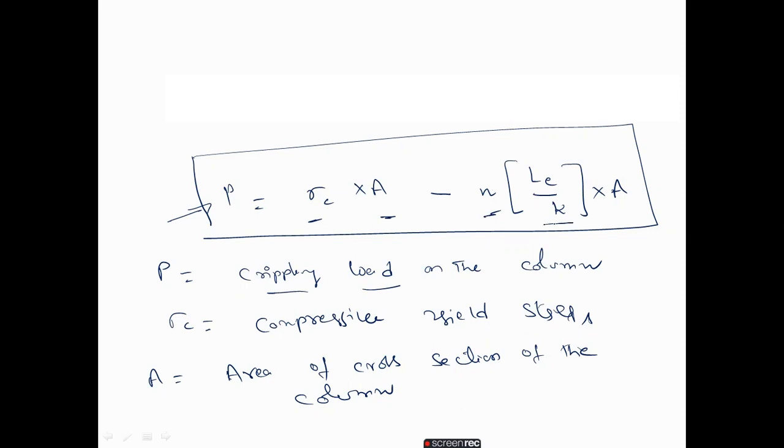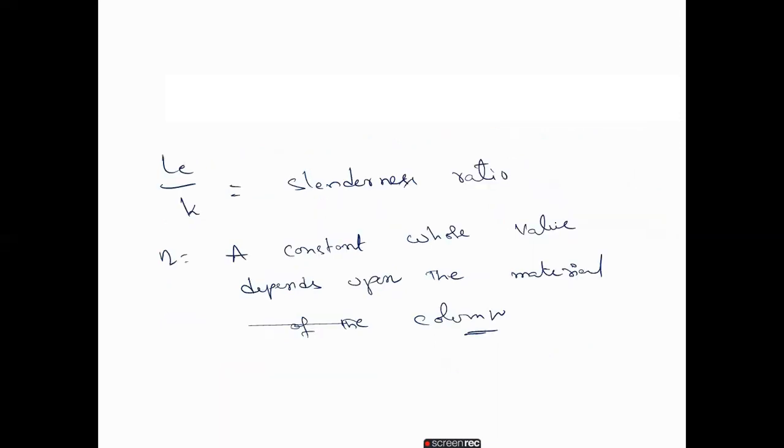LE is the effective length, so LE by K is the slenderness ratio. So this is the straight line formula.